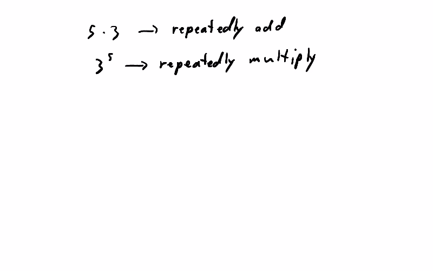Okay, and we could do the same thing with X. 3X is a short way of saying X plus X plus X, whereas X to the 3rd power is a short way of saying X times X times X.